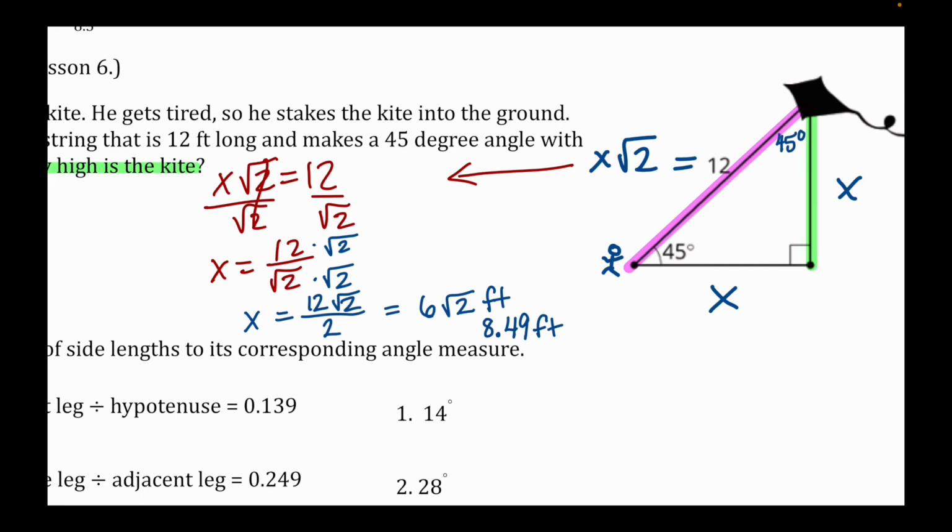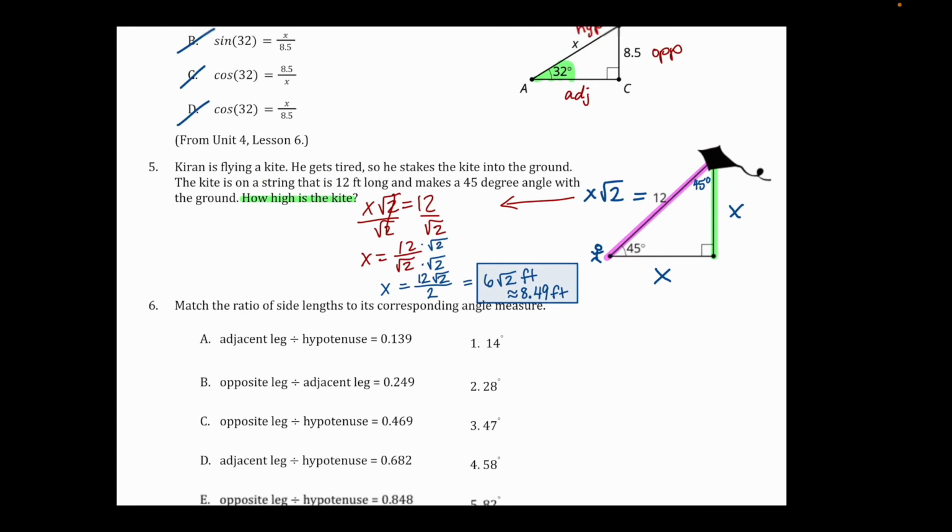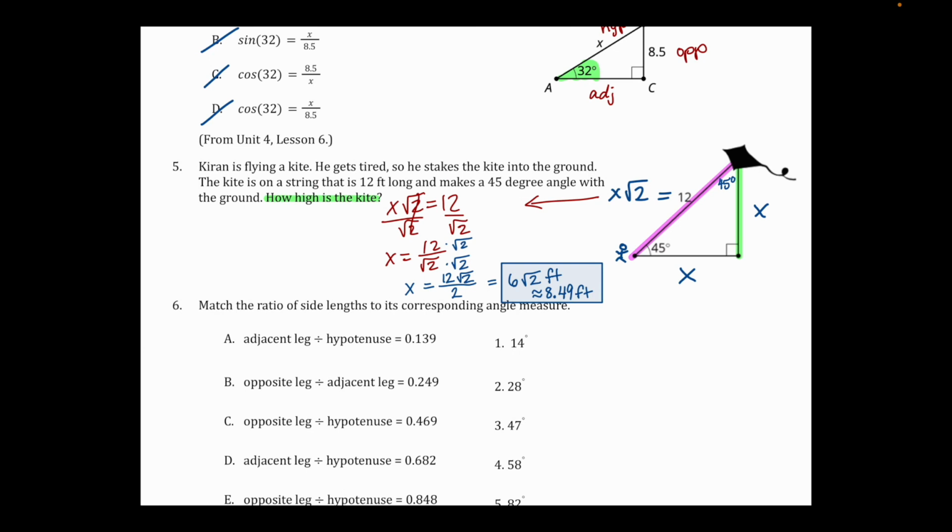I'm going to put my little approximate wiggles there because I am technically rounding that one, so it's less precise. If you're looking for an exact answer, it is going to be 6 root 2. That's why I like doing this as a 45-45-90 triangle better than doing sine, cosine, and tangent, because you can get an exact answer instead of just having something that's a decimal that ends up being rounded.